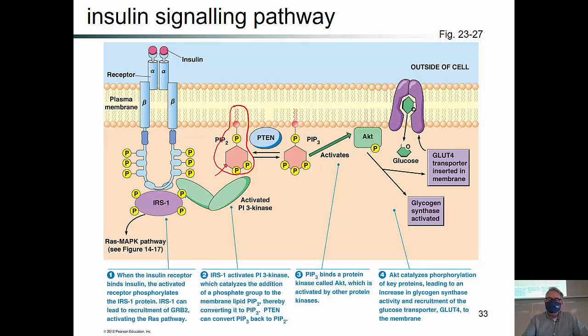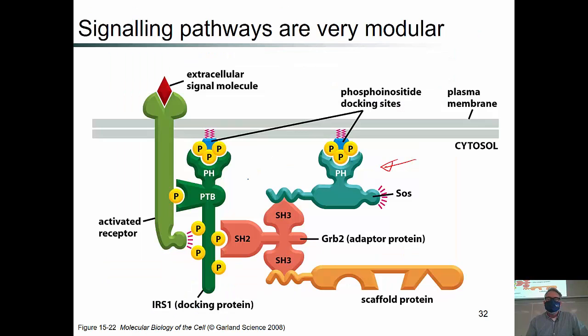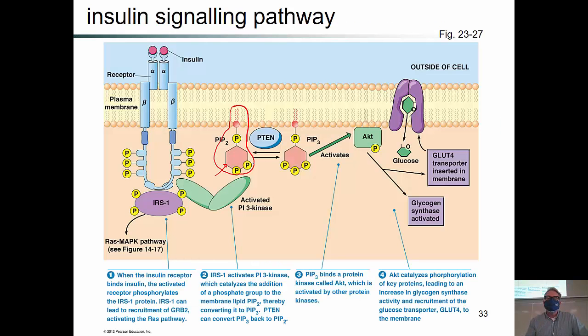So IRS1 binds to the receptor tyrosine kinase and gets phosphorylated. Then PI3 kinase binds, which brings it to the membrane, where it phosphorylates PIP2 to produce PIP3, which is phosphatidylinositol 3,4,5-trisphosphate.